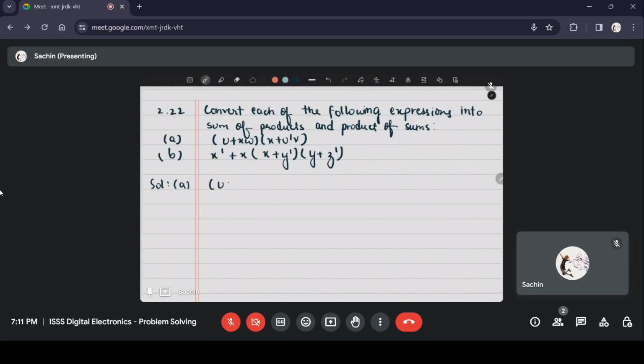Solution for part A, we'll use the distributive law to write this as ux plus wx plus u prime xwv. That's a sum of product terms.